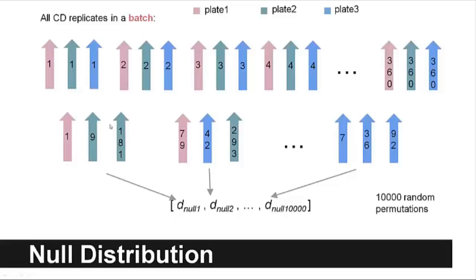Then I treat these 3 randomly drawn replicates as a pseudo experiment and compute its average cosine distance. This will be the null average cosine distance 1. I repeat this process 10,000 times to get a null distribution of the average cosine distance.